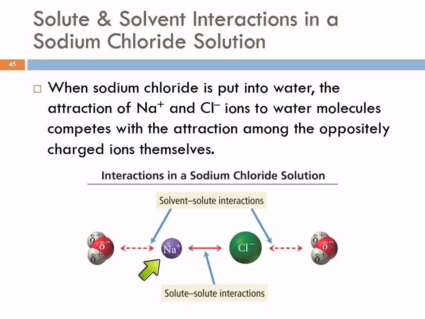When we put sodium chloride in water, there's still the attraction between the sodium ions and the chloride ions. To make it dissolve, we have to replace that attraction with something else. And so the sodium, being a positive ion, is attracted to the negative end of the water molecule. The chloride ion has a negative charge. It's attracted to the positive end of water molecules.